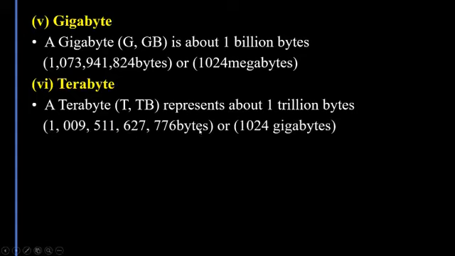A terabyte is about 1 trillion bytes, or in exact terms, 1 trillion, 99 billion, 511 million, 627,776 bytes.